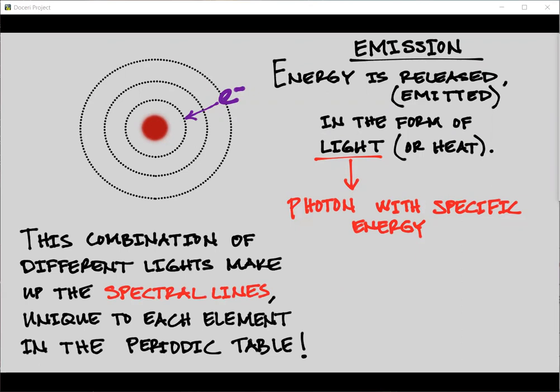This combination of different wavelengths makes up what they call the spectral lines. A lot of elements in the periodic table can absorb and emit energy, and depending on what the combination is, you'll be able to identify what kind of element you have. Because the spectral line, or the emission line spectrum, is unique to each element in the periodic table.